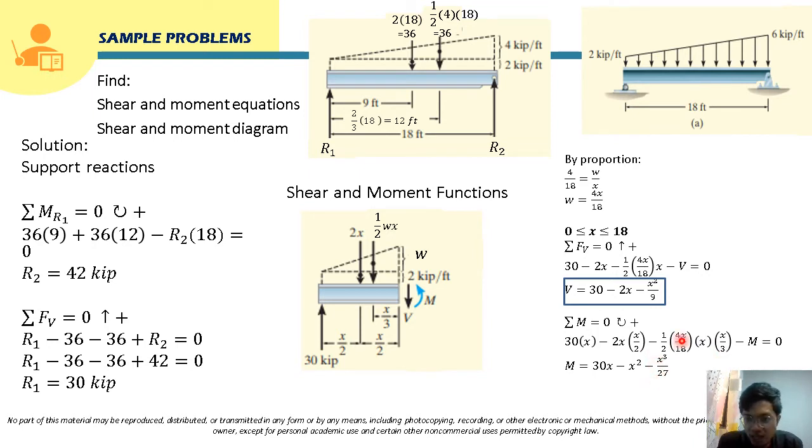And then x times x times x, that is x cubed. So this will now be the equation for moment. We can use these two equations to solve the shear and moment at any distance x for this segment, for this beam.